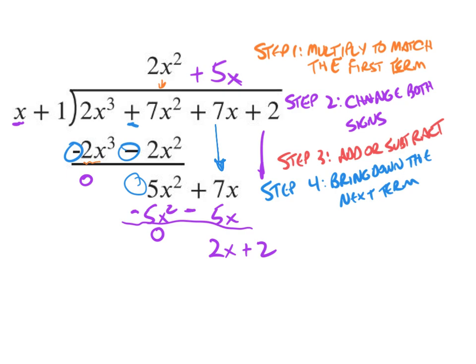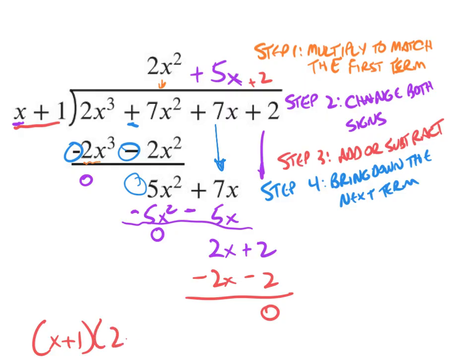What times x makes 2x? 2. So you get 2x and 2, and then we change both signs. Then we add or subtract, and we get to 0. If our answer is 0, that tells us x plus 1 is a factor of this polynomial. And our factors are x plus 1 times 2x squared plus 5x plus 2. These are our factors of the polynomial.